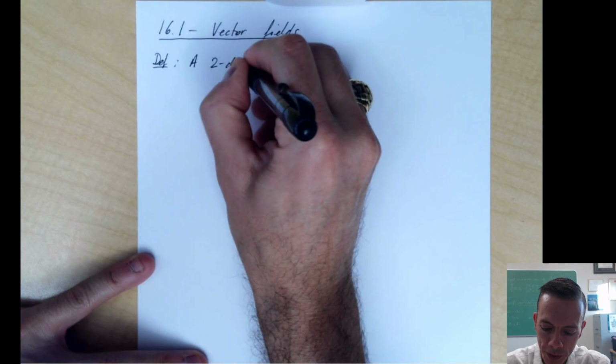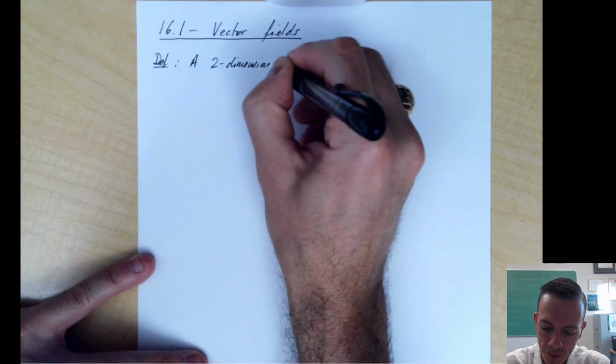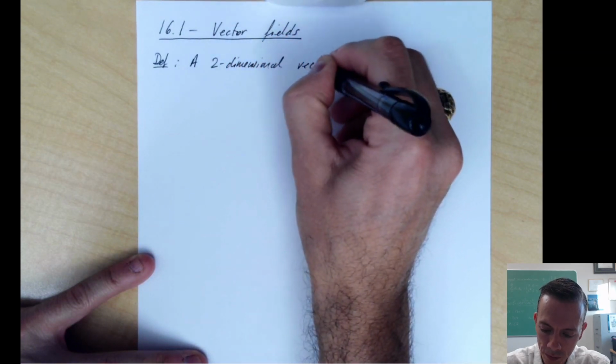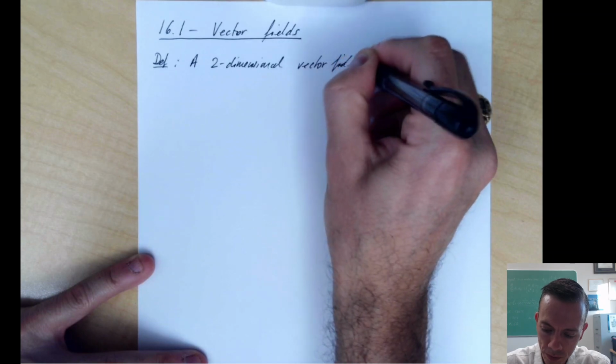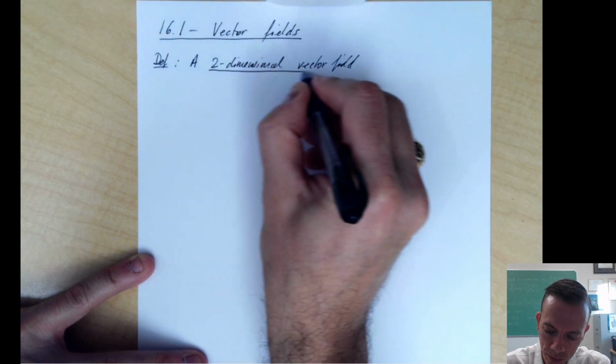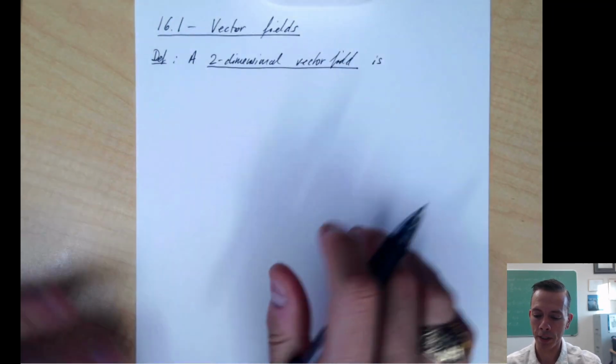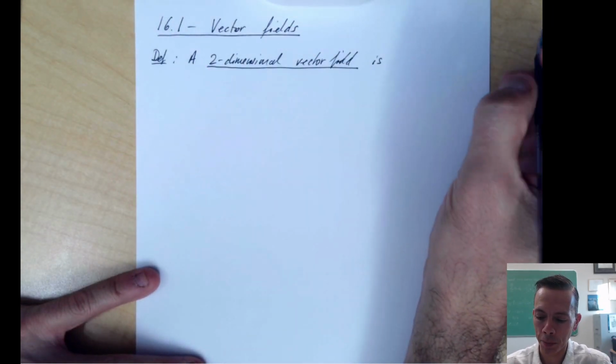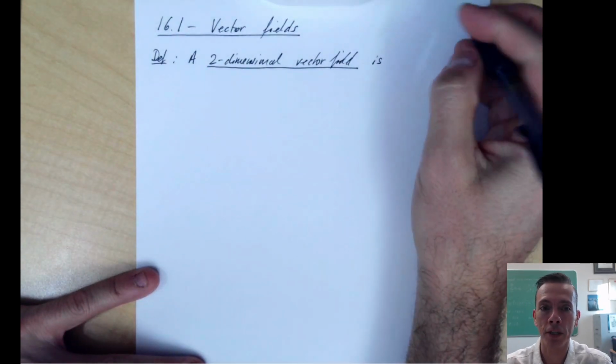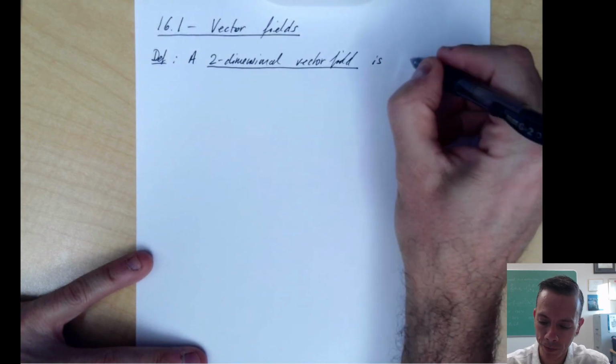So a two-dimensional vector field is a function that assigns every point xy in the plane to a two-dimensional vector, again in the plane.